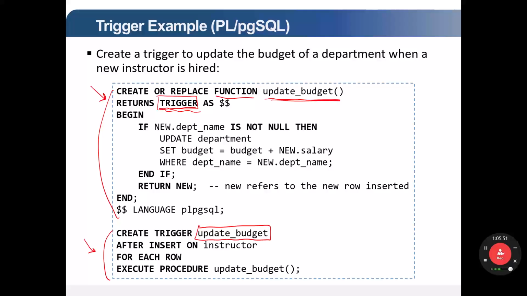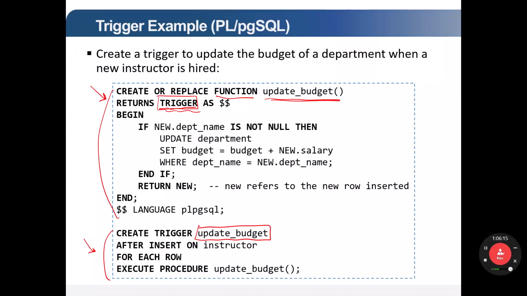So whenever a new instructor is hired by a certain department, that instructor record will be stored in the instructor table. And whenever a new instructor is inserted into the table, another table, the department table, should be updated to reflect the new instructor's salary.